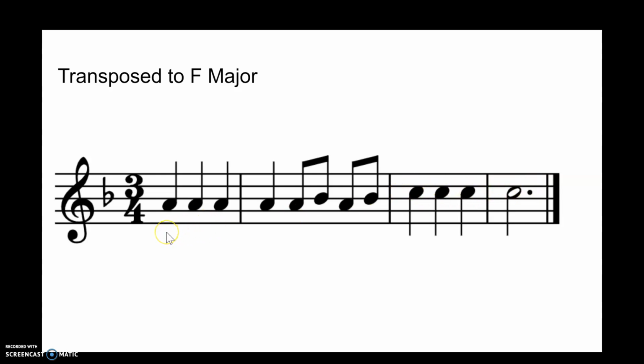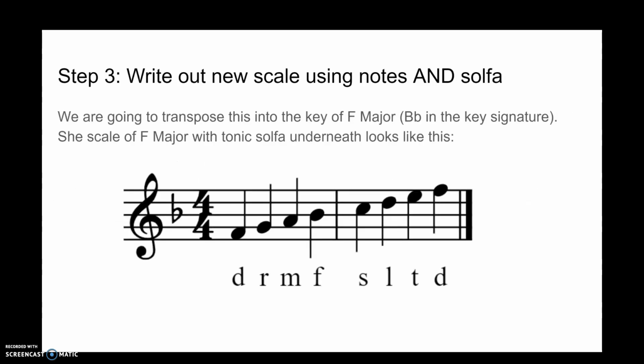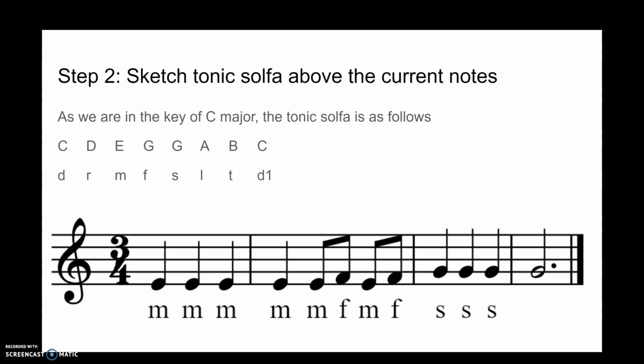So here's what it sounds like now. Okay, so we've got A. Whereas the first time around we were in the key of C, which was this. So you can hear both, the same piece of music. The first one is lower than the second one.